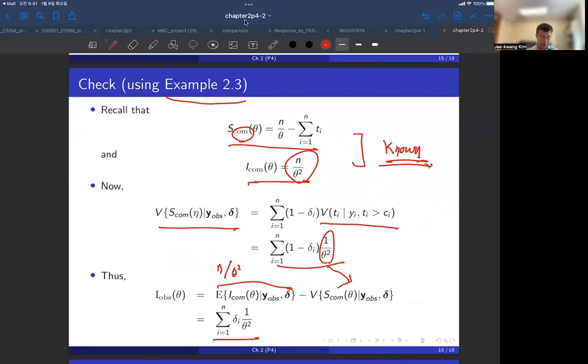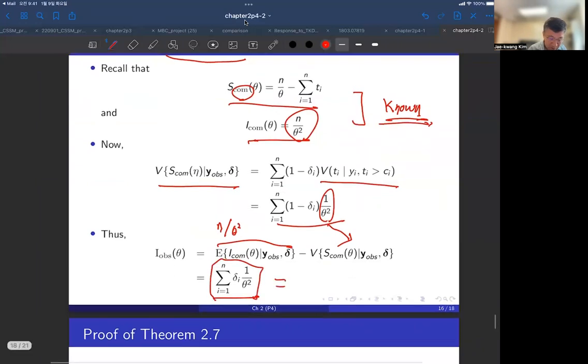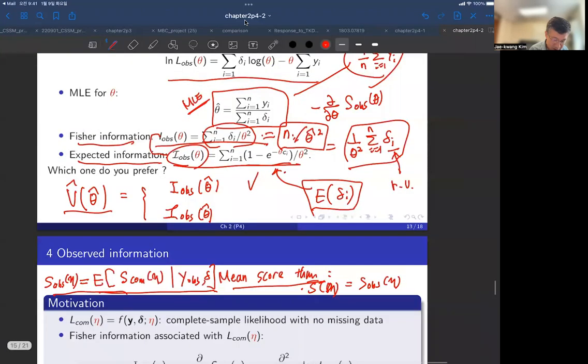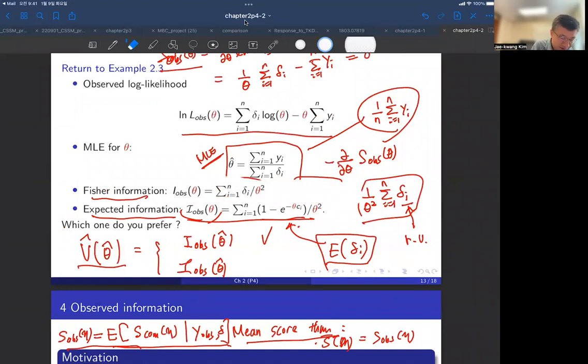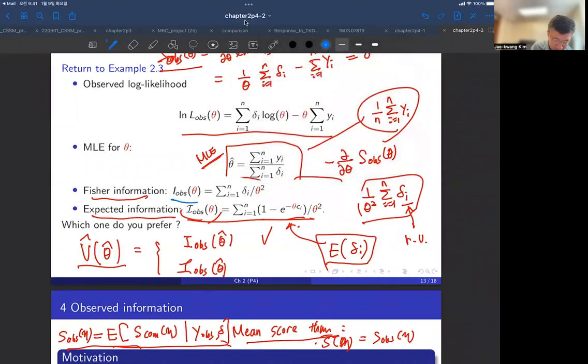That is equal to what we already have here. Where did we get this formula?